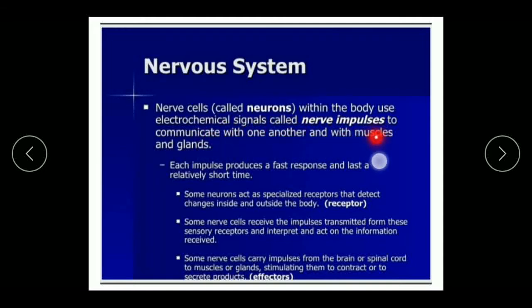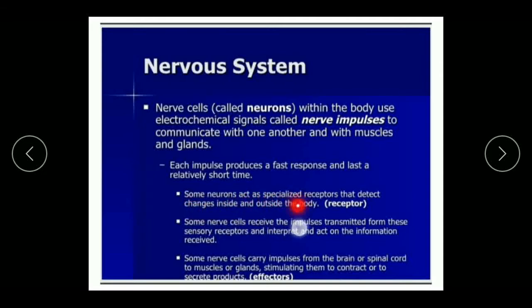The terminal branches of neurons transport electrical or chemical signals to the next neuron. Nerve impulses communicate with one another and with muscles and glands, from one system to another. Each impulse produces a fast response in a short period of time.